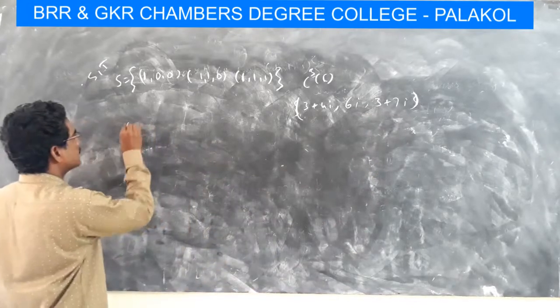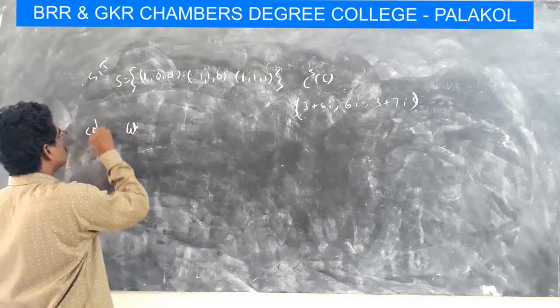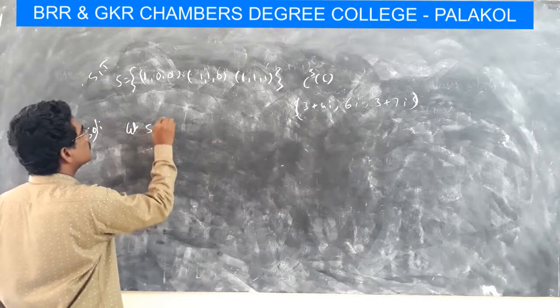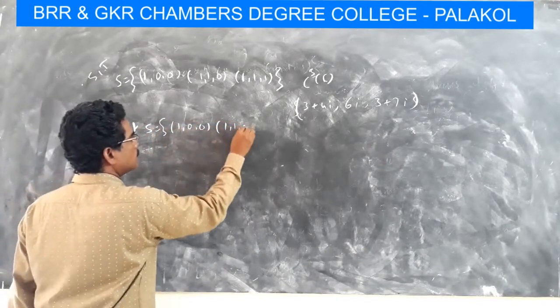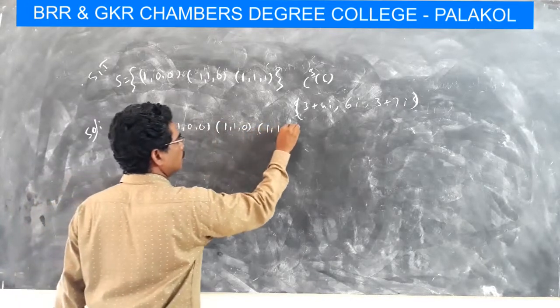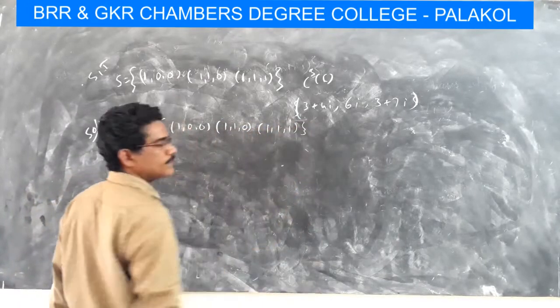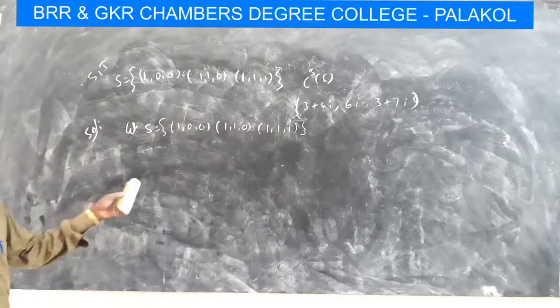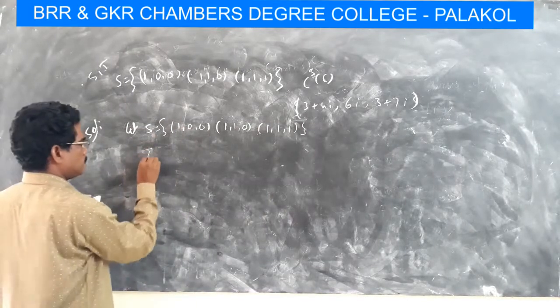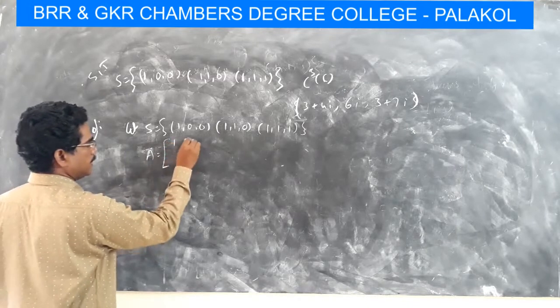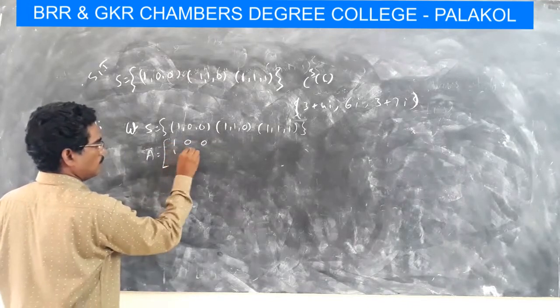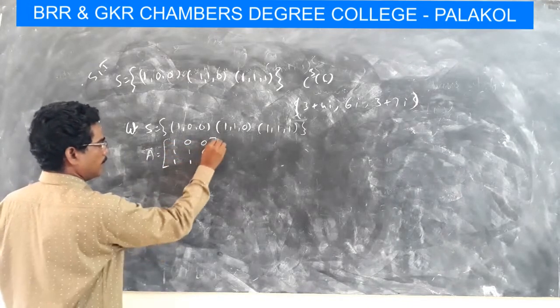Let S equal to {(1,0,0), (1,1,0), (1,1,1)} be the given set. Change it into matrix form: A equal to [1 0 0; 1 1 0; 1 1 1].